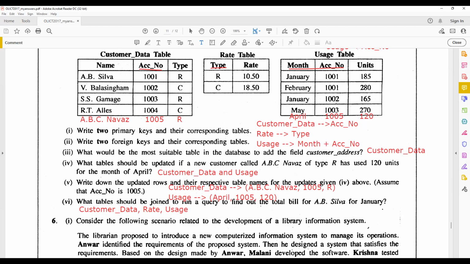So that's how the marks were distributed. Okay, so let's move on to question number 6.